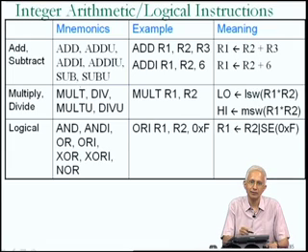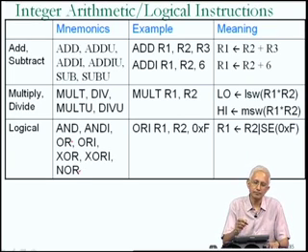There's a multiply, there's a divide. Multiply u, which must be multiply unsigned, divide u, divide unsigned. Then various logical operations: and immediate, or immediate, exclusive or immediate, nor. So a representative collection of logical instructions.